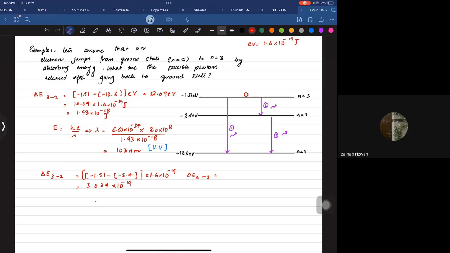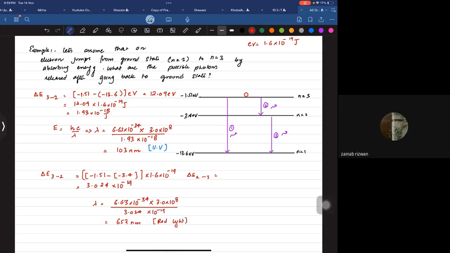And then you use lambda equals 6.63 times 10 raised to minus 34, multiplied by 3.0 times 10 raised to 8, divided by 3.024 times 10 raised to minus 19. This will give you about 657 nanometer, which is the domain of red light.